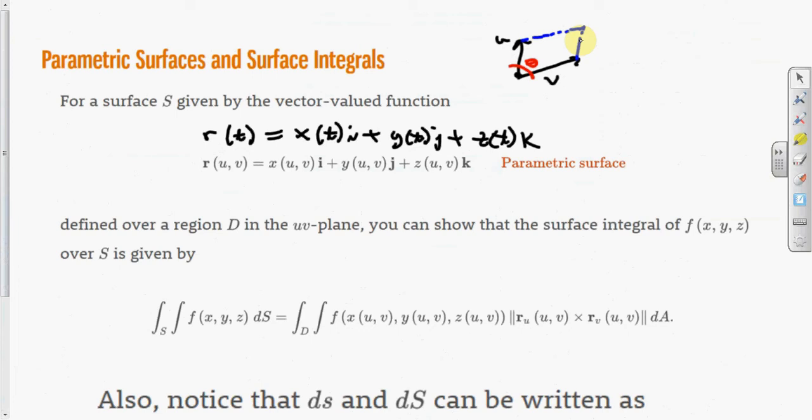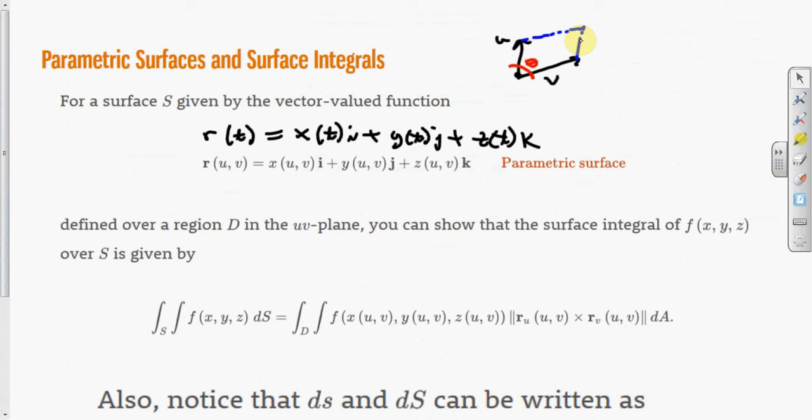Here I'm looking for now the base area in D, this new region that depends on U and V. So now to build the so-called area for the parametric surface, we need to incorporate the idea of the area of the parallelogram, because the area of the parallelogram, if you remember from chapter 11, if you don't, I'm going to tell you, is equal to the norm of the cross product.